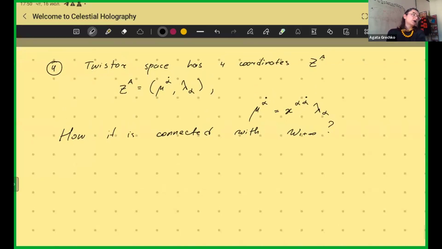I will not talk about how this space is actually mathematically properly defined, but it's just 4 coordinates. They are all complex, and these coordinates are connected with Minkowski space through this expression. You can just treat it right now as a coordinate.